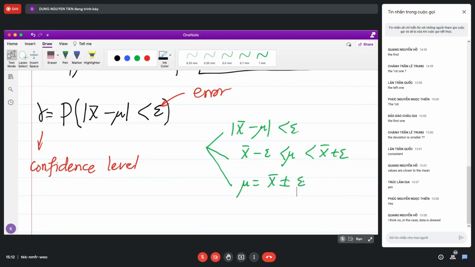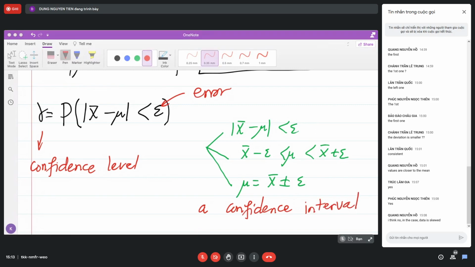You call any of them a confidence interval. Is that clear, everybody?